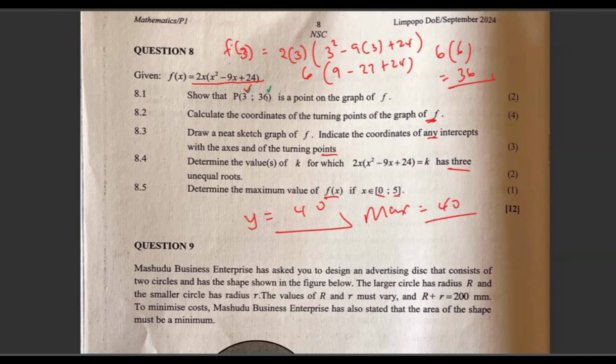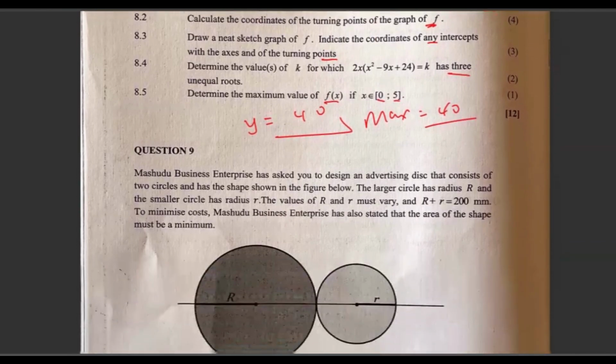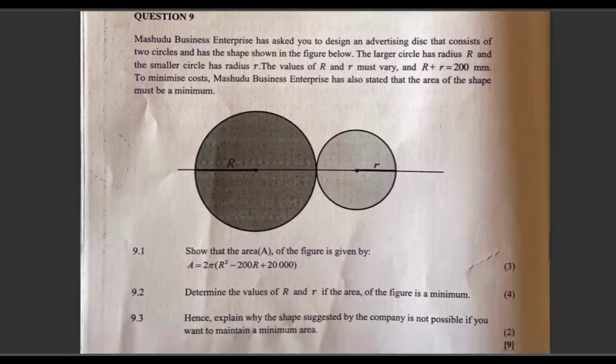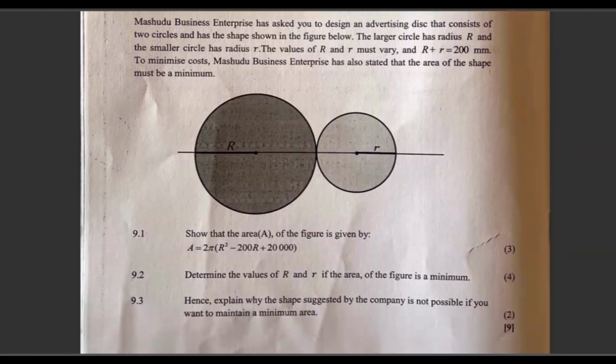All right, then question number 9. Mashudu Business Enterprises has asked you to design an advertising disc that consists of 2 circles and has a shape as shown below. The larger circle has a radius R and the smaller circle has radius r. The values of R and r must vary, and R plus r must be 200.